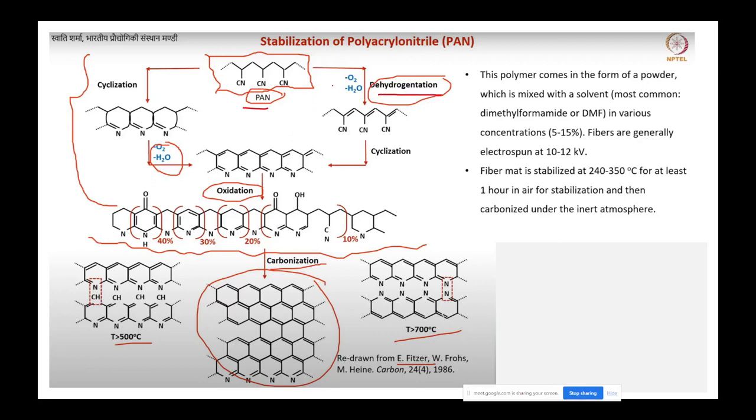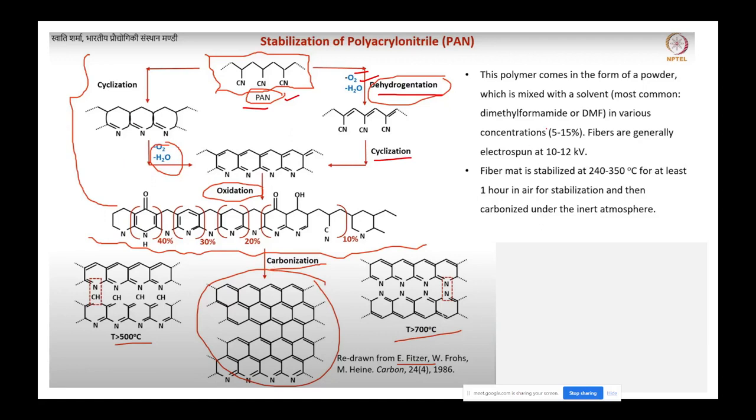In dehydrogenation you will get a reduction of oxygen and H2O, so one extra bond will come. Now it will go for cyclization, and then oxidation. So here it is a little bit of chemistry. You have to know how this bond formation is happening, and how it is forming after carbonization.